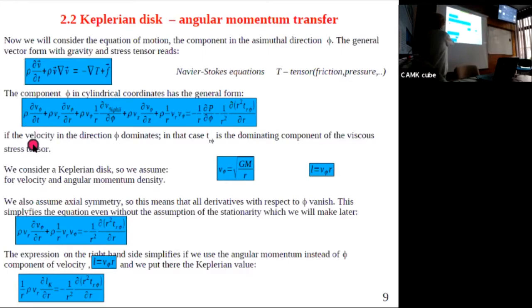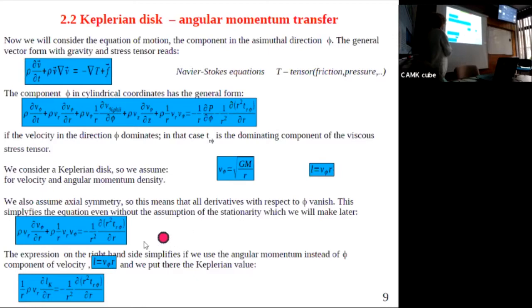It's just an assumption of Keplerian motion. So that is also 0. So that remains, because the derivative of the Keplerian velocity over r is not 0. And we have to keep the radial velocity. So that remains. And this again is 0 because the Keplerian velocity does not depend on z. So this derivative is also 0. So all that remains is here.